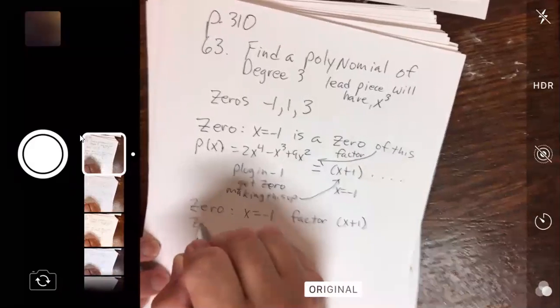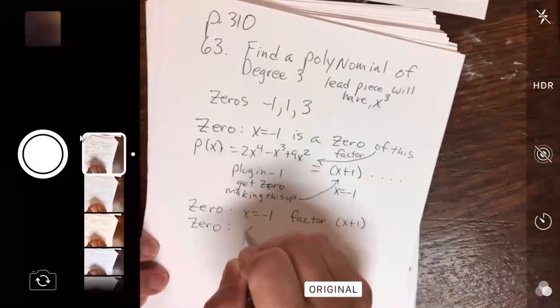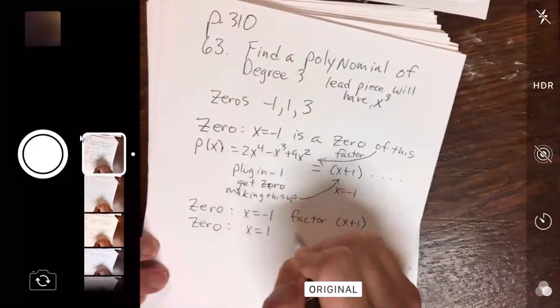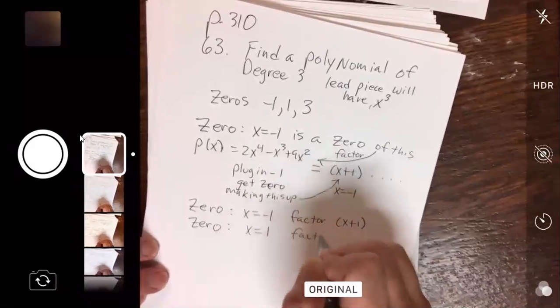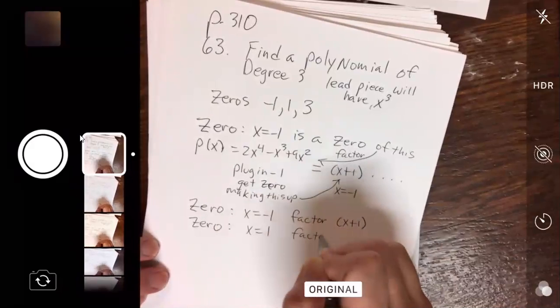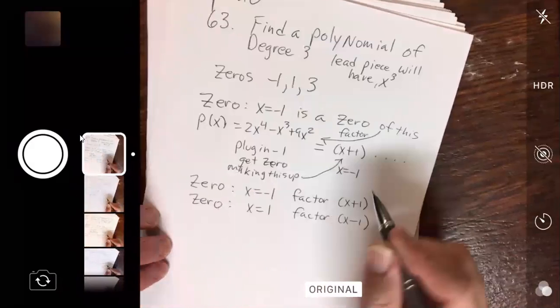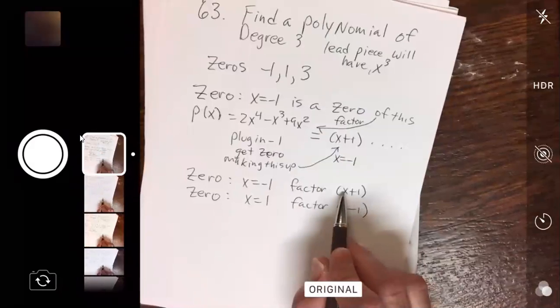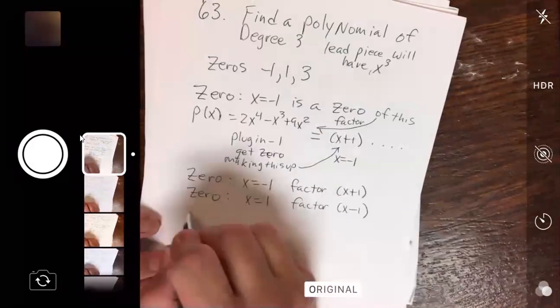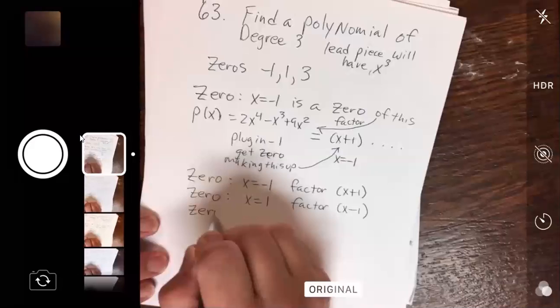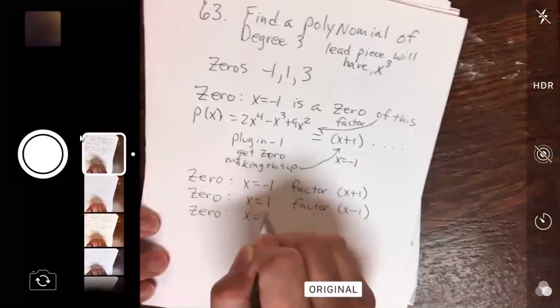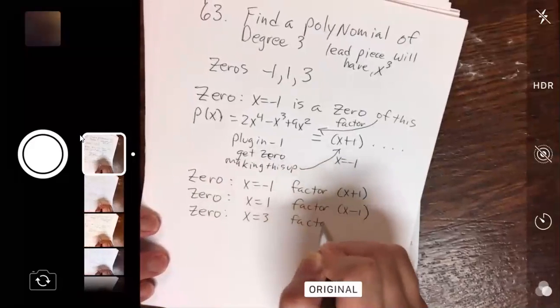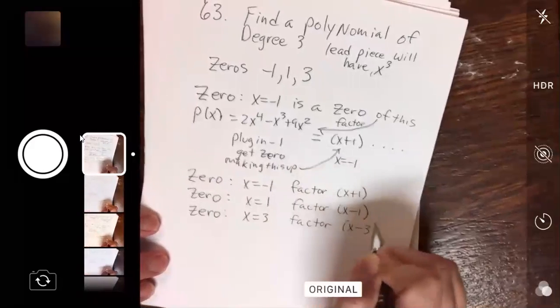When I have a 0 of x equal 1, I have a factor of x minus 1. Okay, we're back. So I can plug in 1 minus 1 and get 0. Up here, I plug -1 plus 1 and get 0. And the other 0 is 3. So you see its factor is x minus 3.